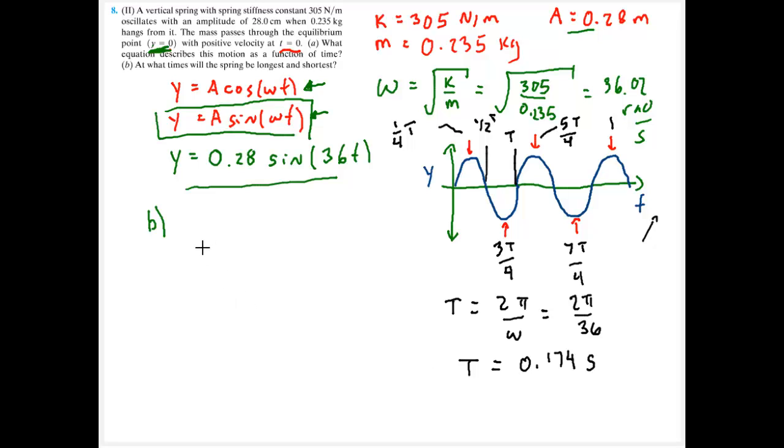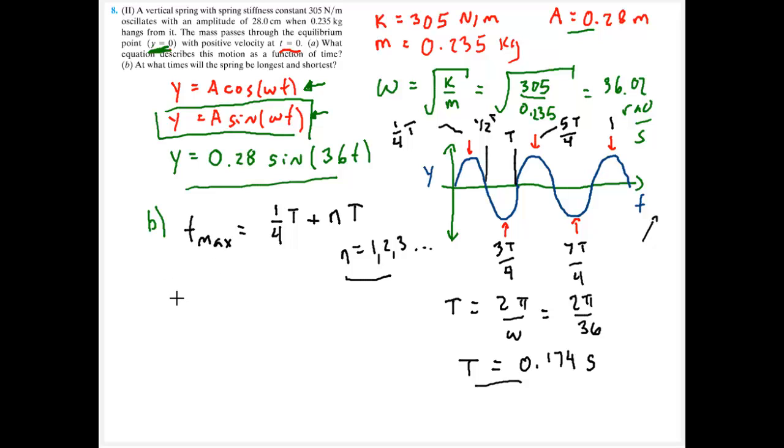So my maximums are going to occur at the following times. It's going to occur at 1/4 of the period, which I know what that is, plus an integer value n multiplied by the period, where n is going to be equal to 1, 2, 3, and so on and so forth. That covers all of these maxima and minima through n number of times.